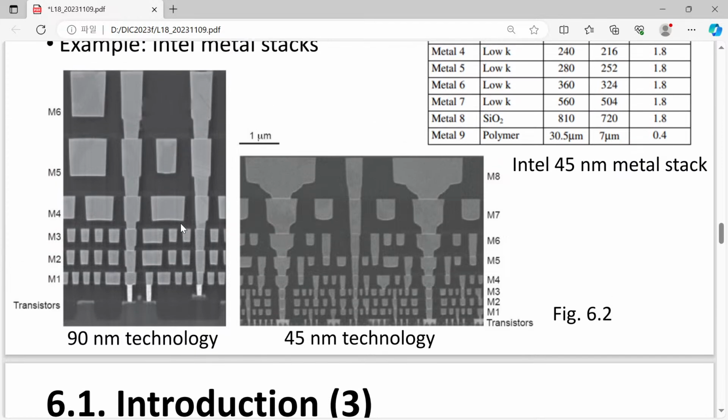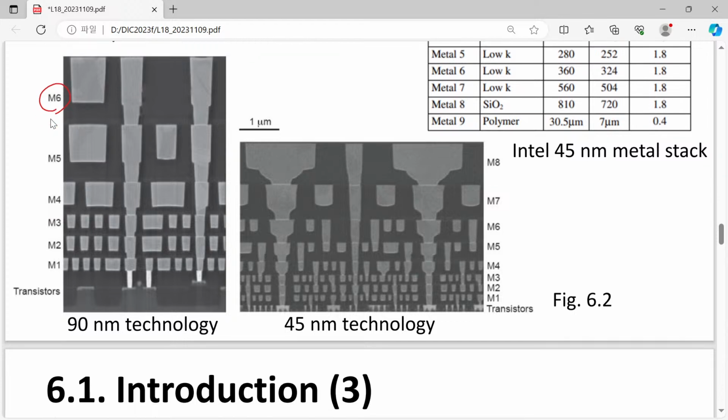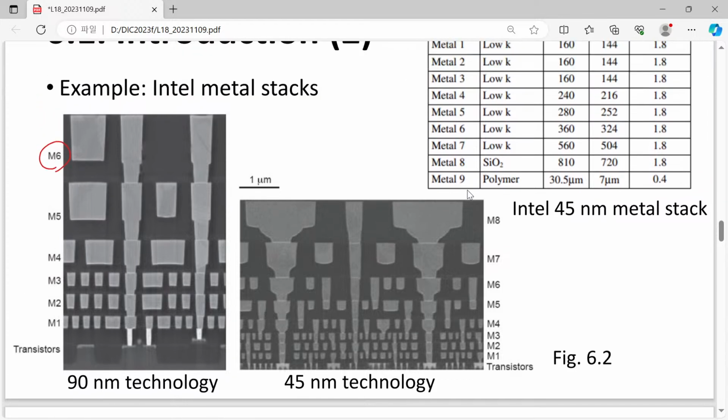You can see that in the case of the 19 nanometer technology, we had 6 metal lines, and now in the case of 45, we have more metal lines because our circuit becomes more and more complicated. So the fab technology should provide more and more metal lines to make routing easier.